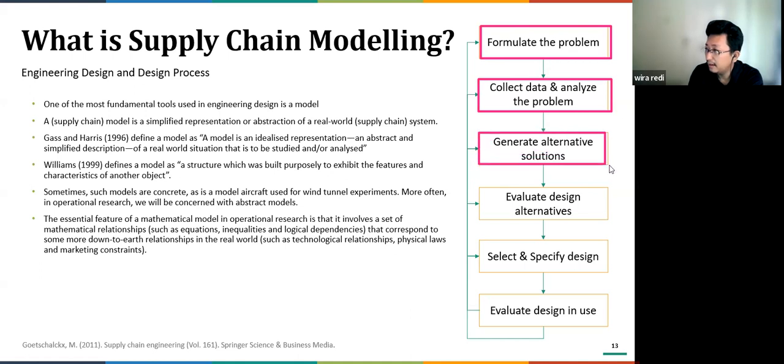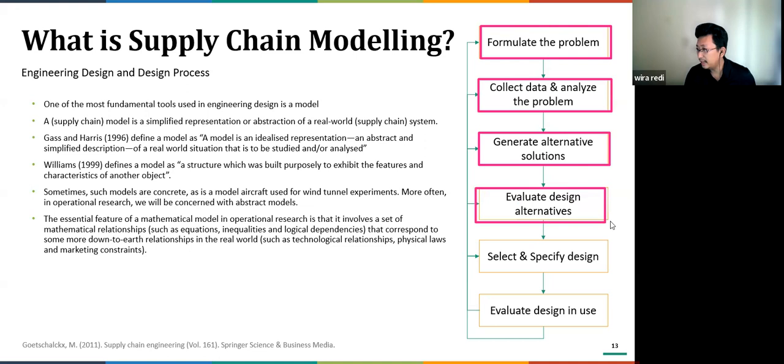So if you don't have good data yet, I suggest you try to refine the data to represent your problems better, and then create alternative solutions. Whichever methods you are going to use, you give solutions to the decision maker, then evaluate each design or solution alternative, then select.